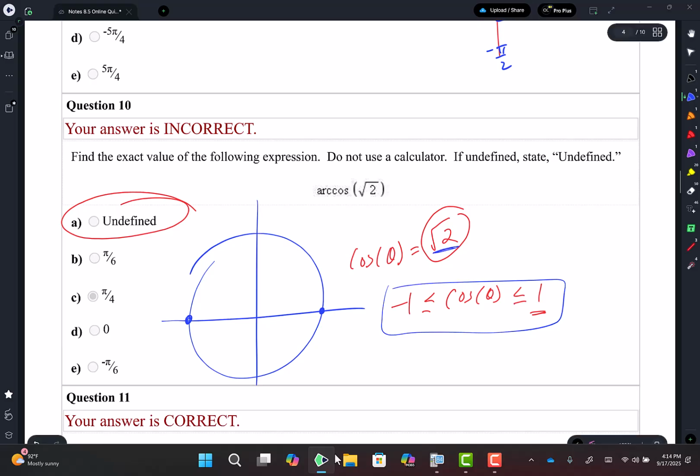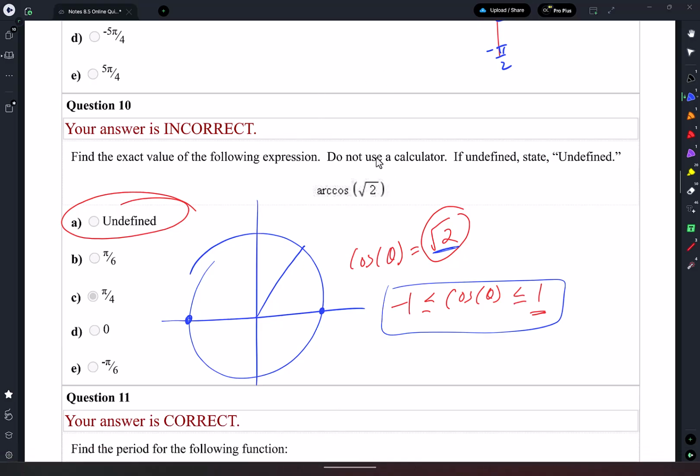Square root of 2 is a number bigger than 1. You can't be that. It's not possible. We have cosines that are square root of 2 over 2, but square root of 2 over 2 is a number smaller than 1. Square root of 2 is a number bigger than 1, and you can't have that.